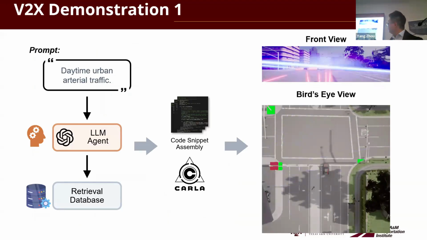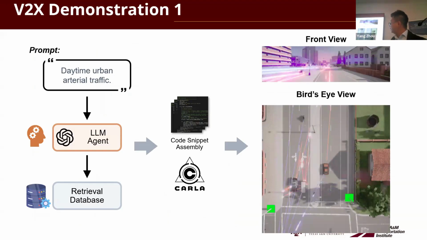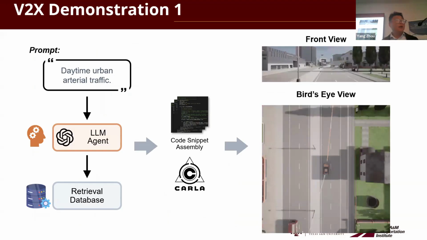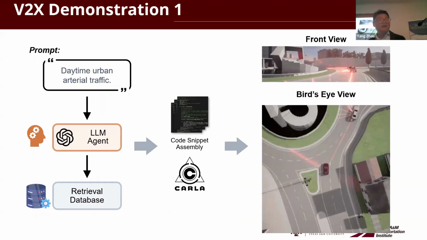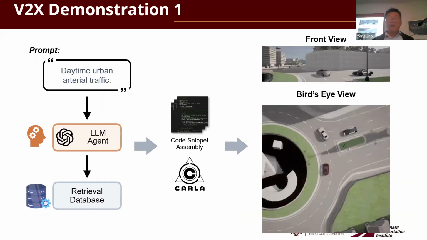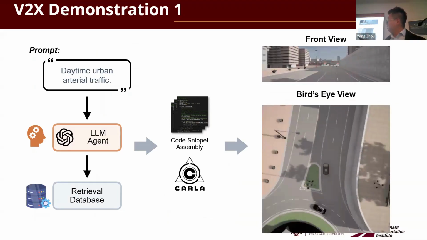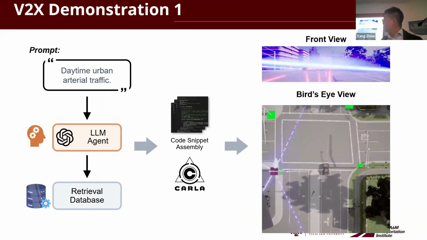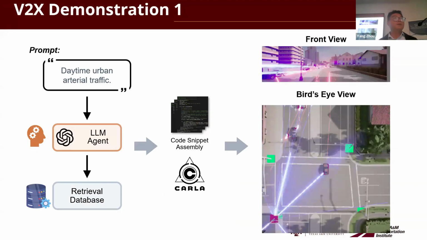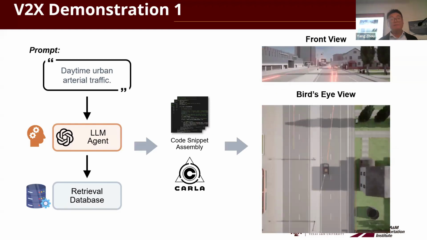And here, the blue line in the video shows vehicle to infrastructure communication, and the red line shows vehicle to vehicle communication. Basically, we just provide the information flow. And if we say, hey, I want daytime urban arterial traffic, it can automatically generate some traffic in our digital twin platform. But for this case, it's only in color.